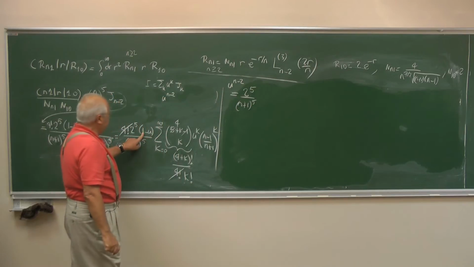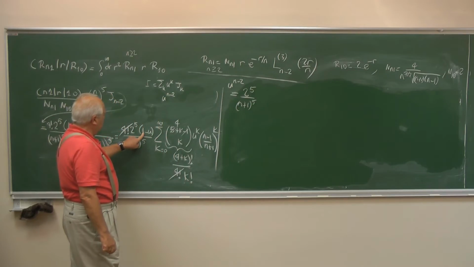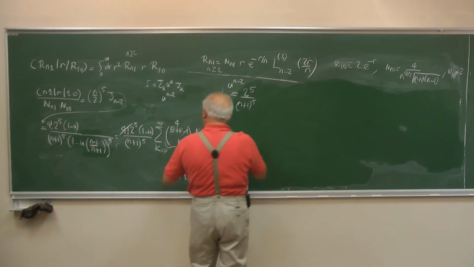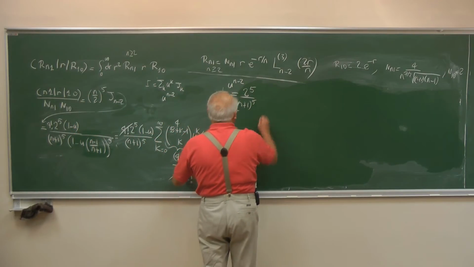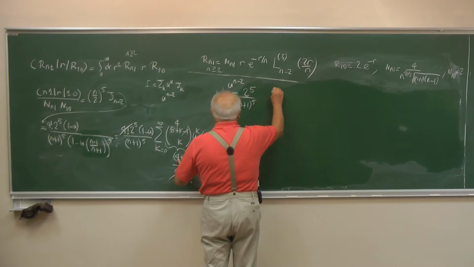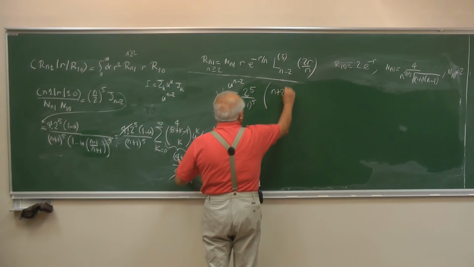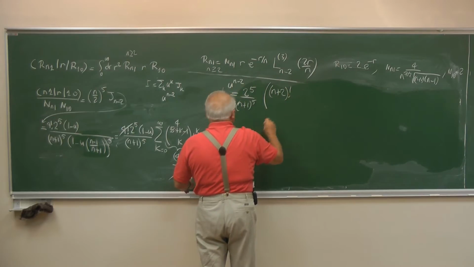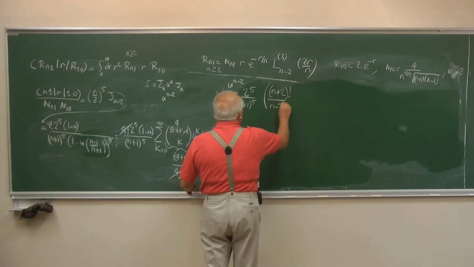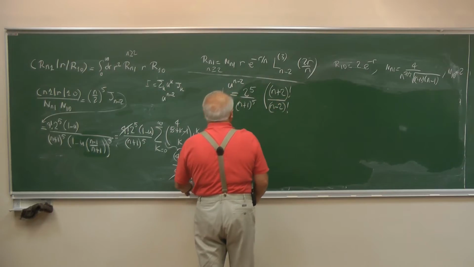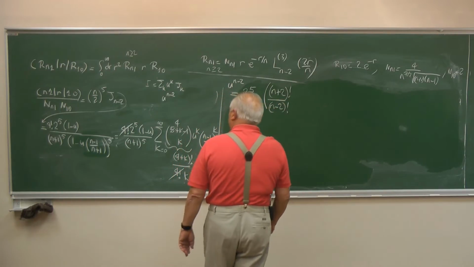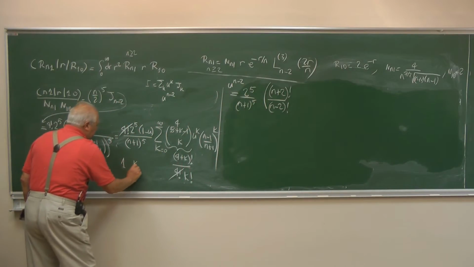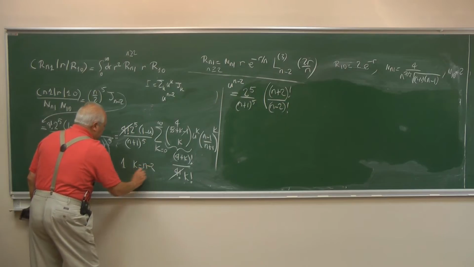Now for the first term, 1, k is n minus 2. So let me write here as I did before. For the one term, we will take k equals n minus 2.